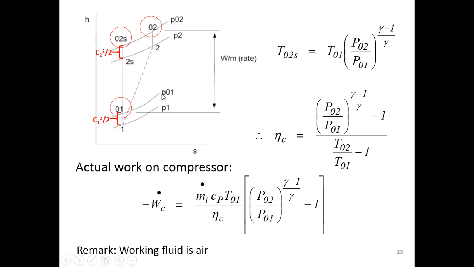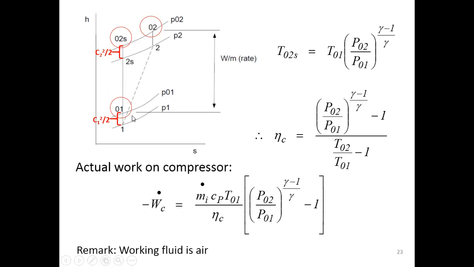So P01 and P02 differ from P1 and P2 because we include the kinetic energy, or the velocity. The line of the process, if we consider it an isentropic process, still goes like this in a vertical line, even between P1 and P01 and also P2 and P02.